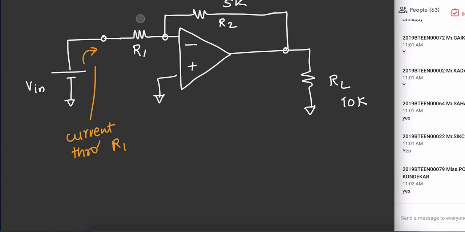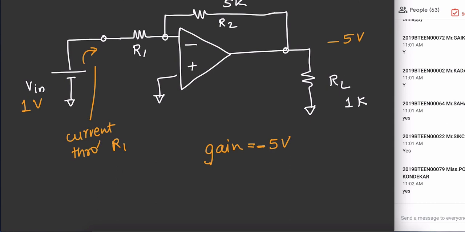Imagine that R1 is not given, only gain is given, gain is given to be 5, V input is 1 volt, so how much output will come? Gain is -5, sorry, so output will be -5 volt. For simplicity, we'll keep it as 1K because it becomes easier to calculate the values.